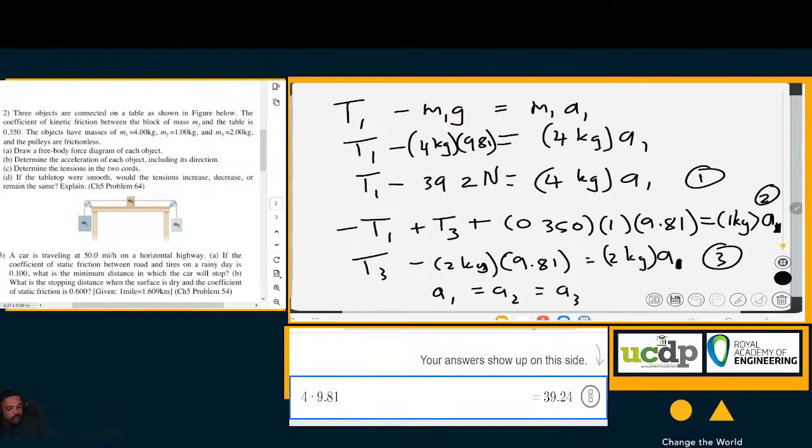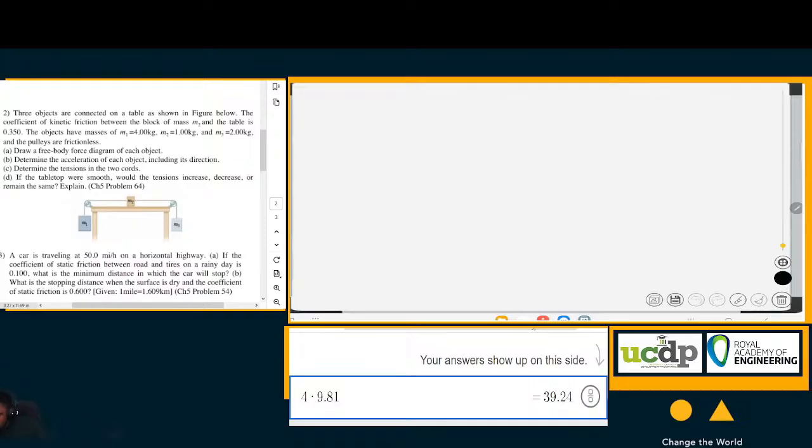Let me write that. I have no space here. On this side, it's 7A1. That is T1 plus negative T1 plus negative T1. Okay, you can do that all in your own time, but I will give you the final.